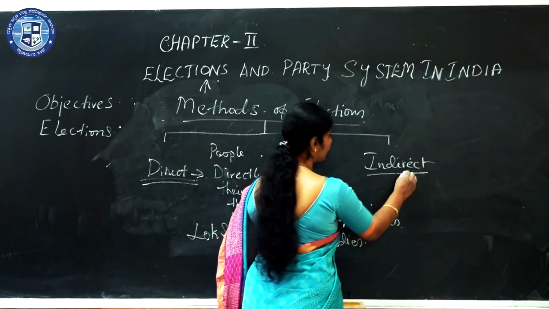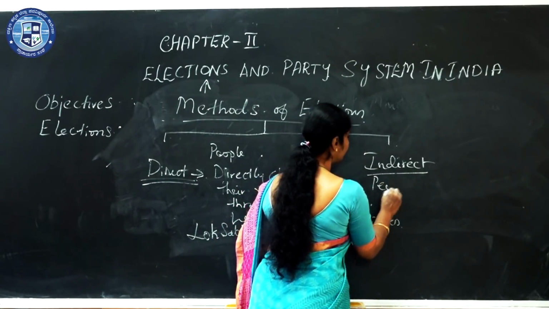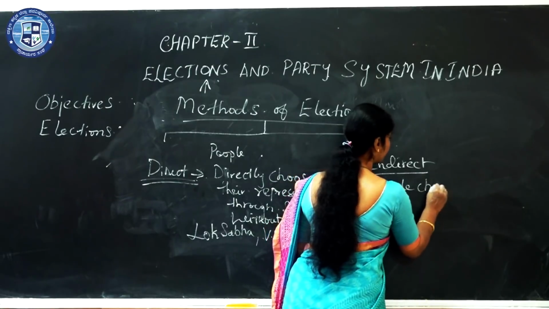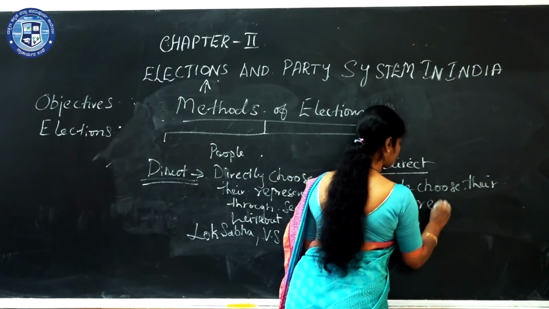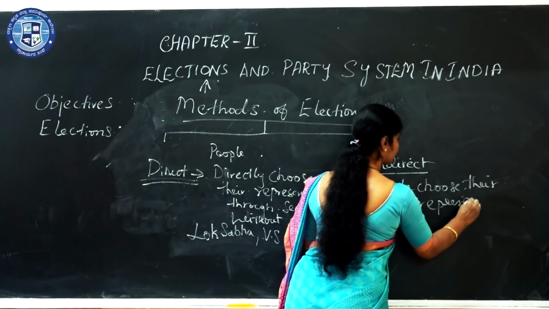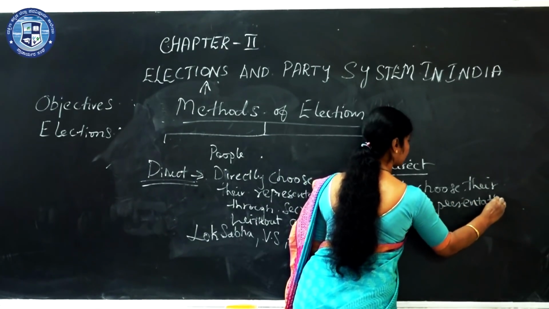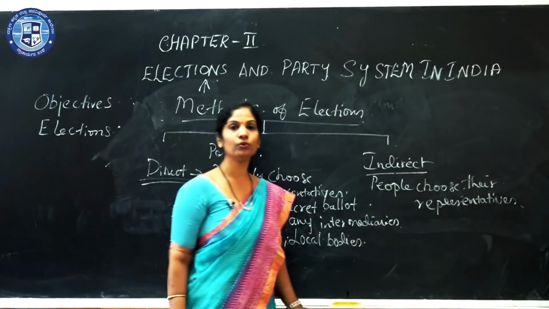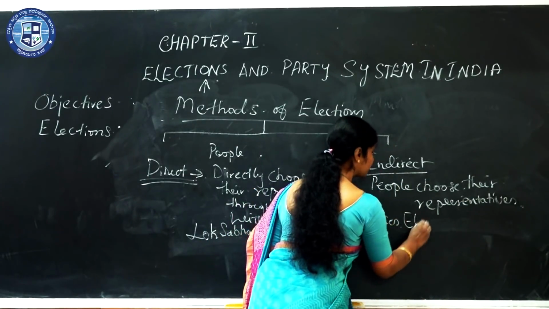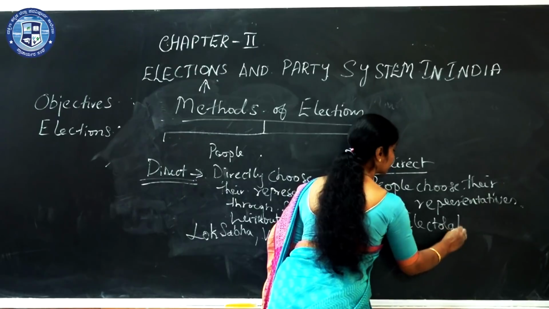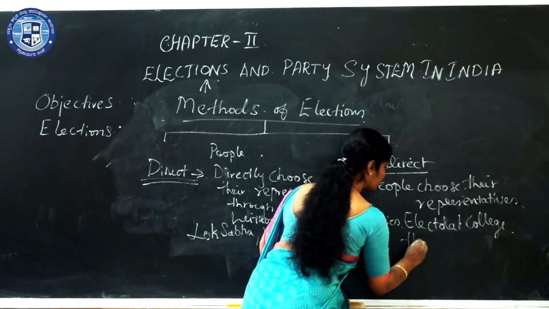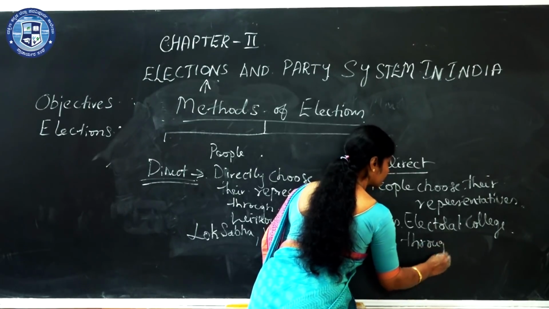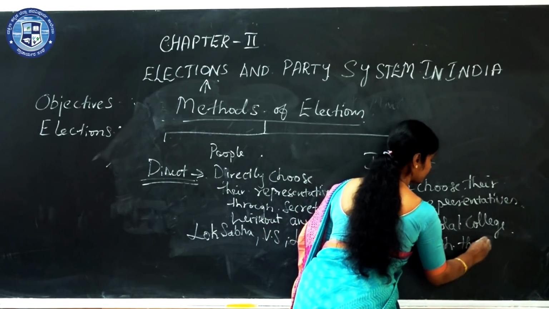They participate indirectly. So people choose their representatives maybe through the electoral college or through the intermediaries.